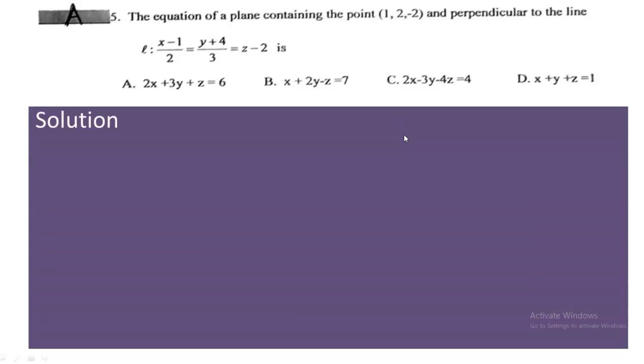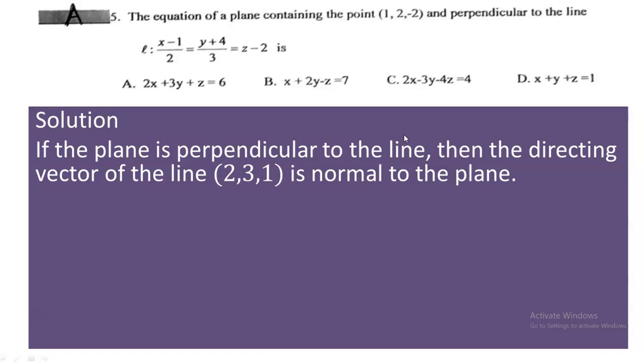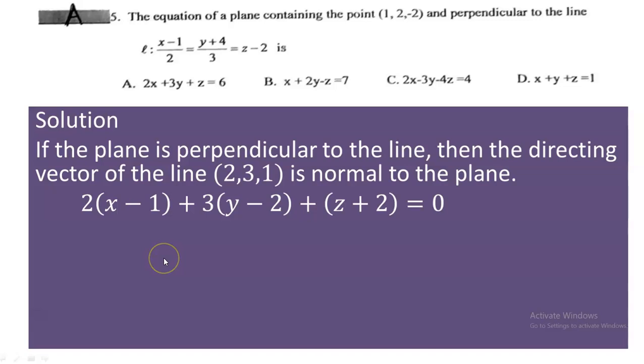Look, if the plane is perpendicular to the line, then the directing vector of the line with components 2, 3, 1 is normal to the plane. So from this, we are going to have this equation directly from the formula. The components of the vector are already written here: 2, 3, 1. Even though it's not written, there is 1 here.